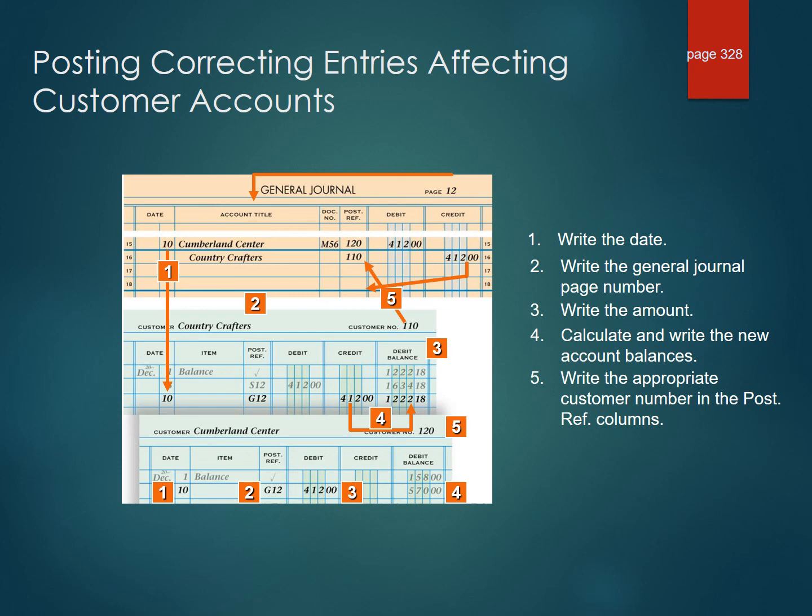Then we will go back to our general journal, and in the post reference column, we will record the appropriate customer numbers in the general journal to show that these dollar amounts have been posted to the subsidiary ledgers. Note that in the account title, we did not have to write A/R for accounts receivable.